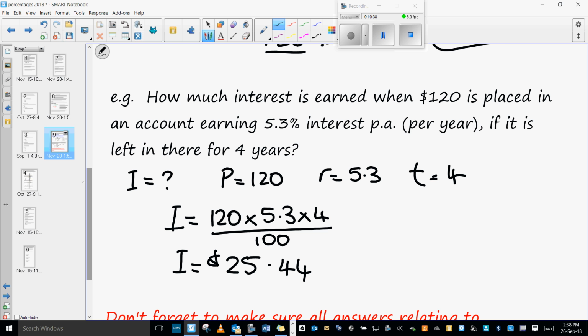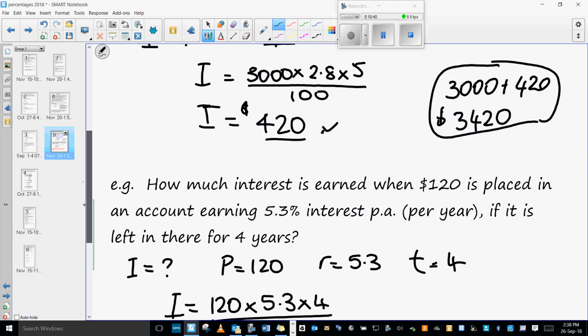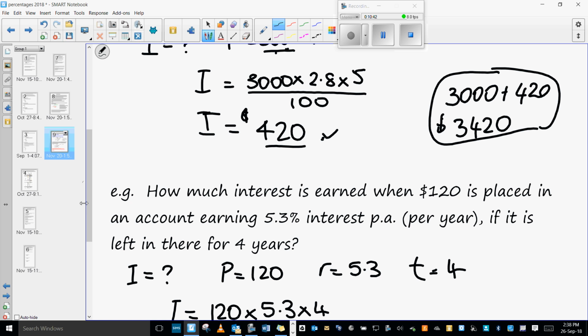Going back up to this one here in the cents check, if we'd forgotten to divide by 100, we would have had 42000. Well, how much money is that? Tell me that as a number. $42,000.